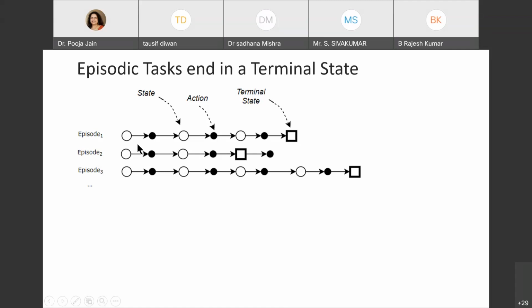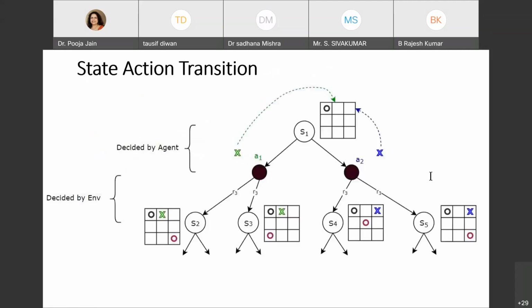Based on these states, we can see what happens when you take this action and that action leading to this state. If you take this action, you reach the next state. Based on this, you can draw this state transition diagram.